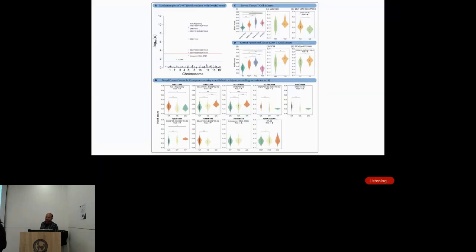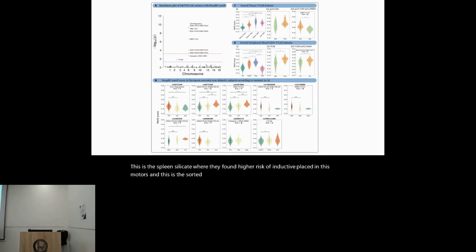These are the different variants they found from the genome-wide association studies. These are the different risk alleles they found from there, and then this is the spleen CD8 where they found higher risk of diabetes based on these models, and this is the sorted cells. So it's kind of a very good validation of the results.